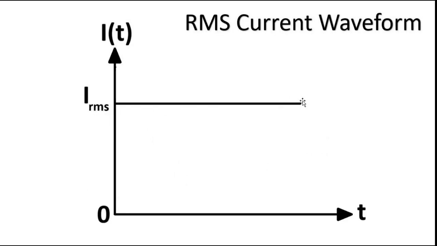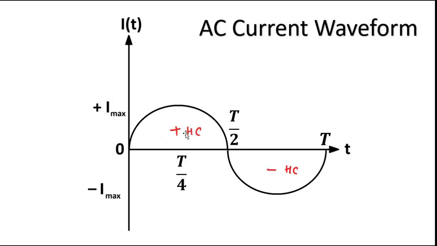This root mean square value is the equivalent DC representation, steady value representation of this continuously varying signal. So this is the equivalent representation of this.